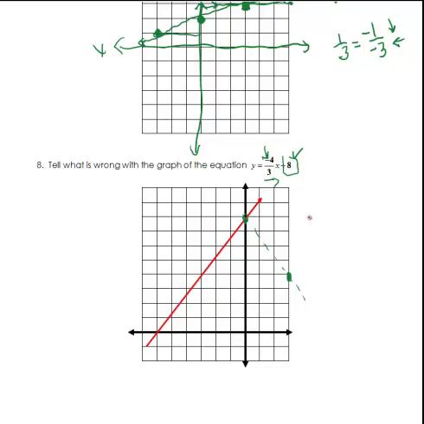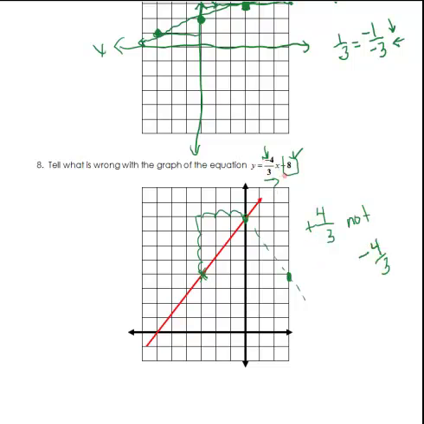So the problem with my slope is that it should be +4/3. So if I pick a nice point, I'm going to run out of space, so I'm going to come over here. Any point on my line, if I go up 4, 1, 2, 3, 4, and over 3 to the right, 1, 2, 3, I get to another point on my graph. So it's a positive, not -4/3 slope.